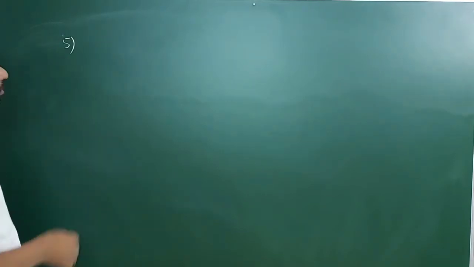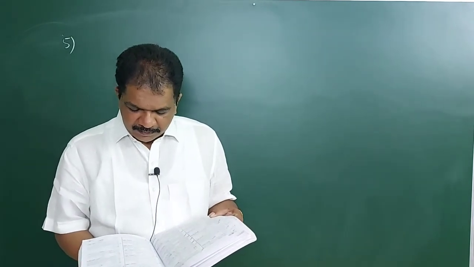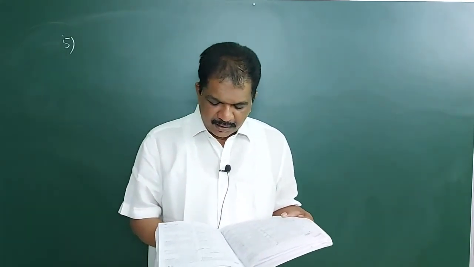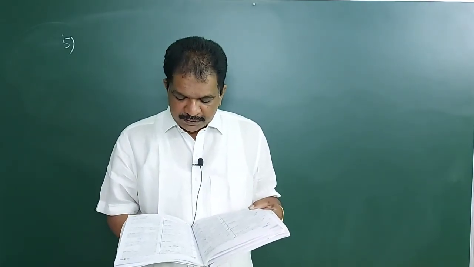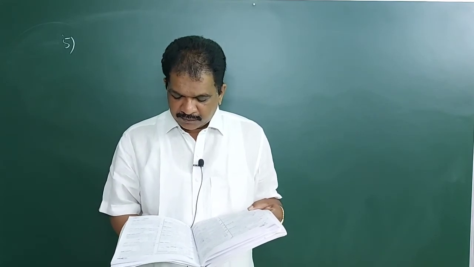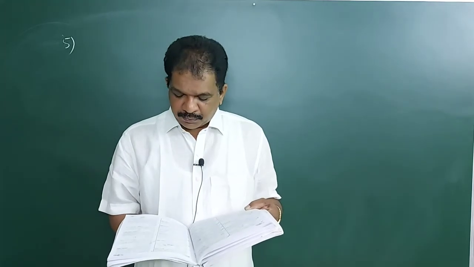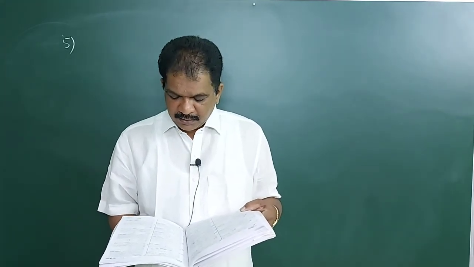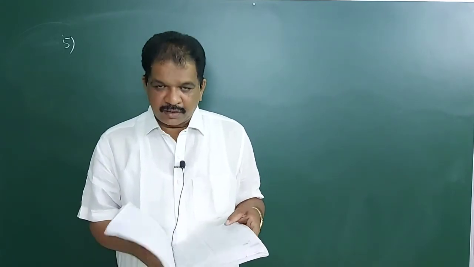Fifth question, you see what they are asking. In Rutherford's scattering experiment, when a particle of charge Z1 and mass M1 approaches a target nucleus of charge Z2 and mass M2, the distance of closest approach is R0. The energy of the projectile is, okay.